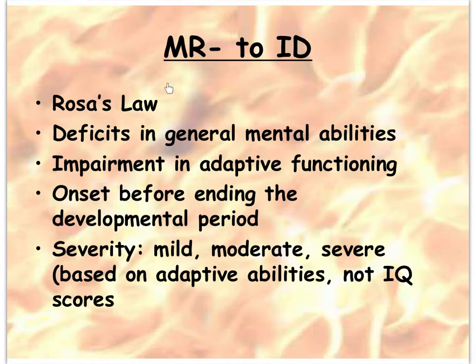But with Rosa's Law, this change from calling it mental retardation to intellectual disability came really from the work of this girl, Rosa. I don't actually remember her last name, but she was a 9-year-old girl with Down syndrome who worked together with her family to have the words mental retardation removed from health and education code in the state of Maryland.